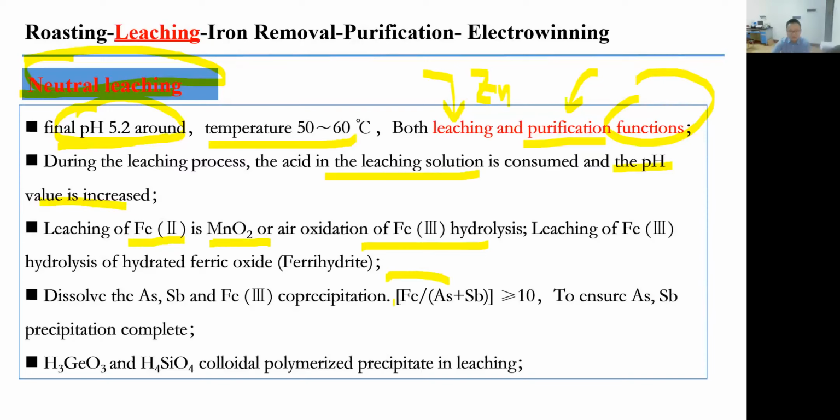And the mole ratio of those impurities should be well controlled to get them co-precipitated. And germanium and silica will also partially report to the leaching slurry. So this is the beauty, or the wisdom, of this neutral leaching process.